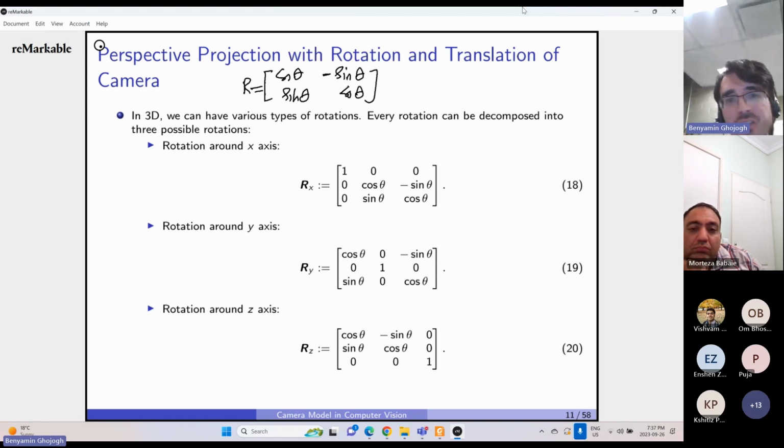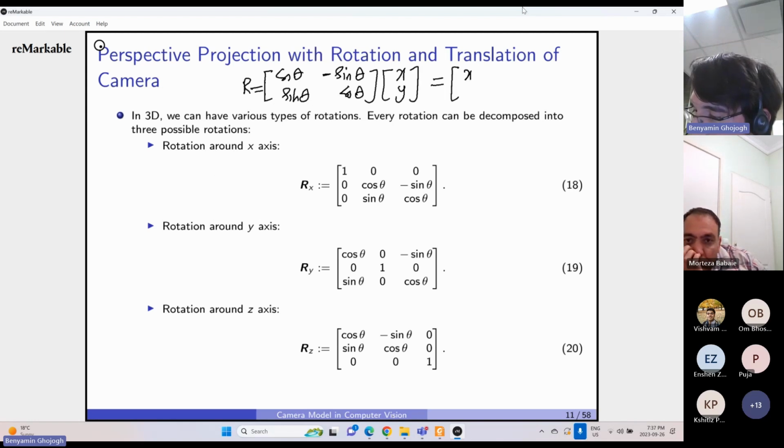This is a formula for rotation in 2D. So if you multiply this by x and y, it gives you x prime, y prime, the rotated point. So x and y is a point in this 2D plane, 2D space. You can rotate it around the origin by this, and theta is the angle. Based on the theta that you choose, you can have clockwise or counterclockwise rotation, right?